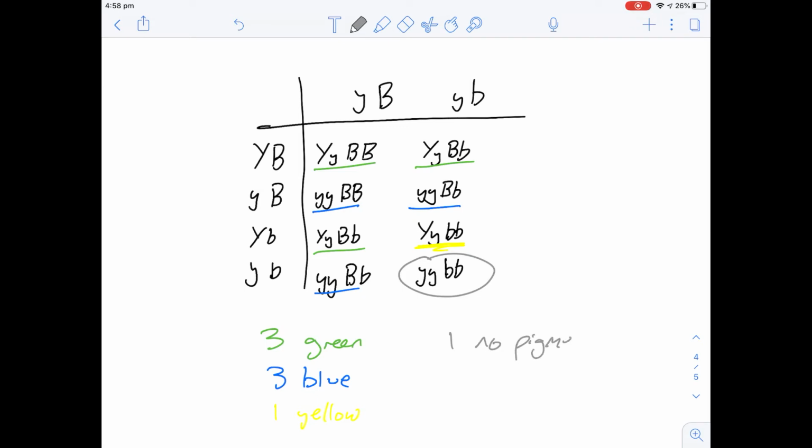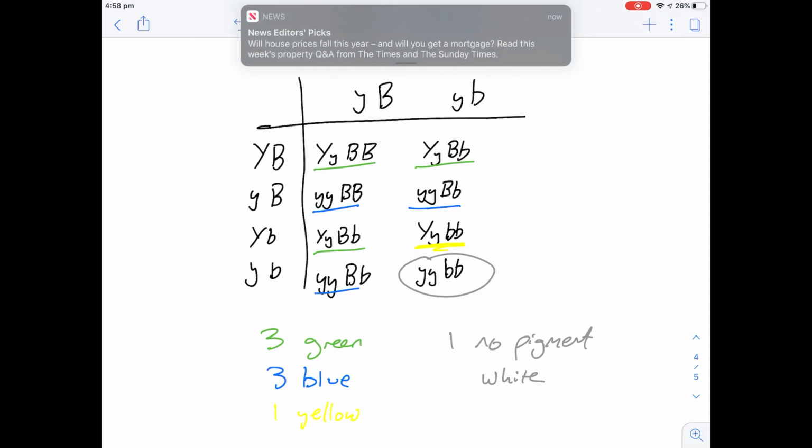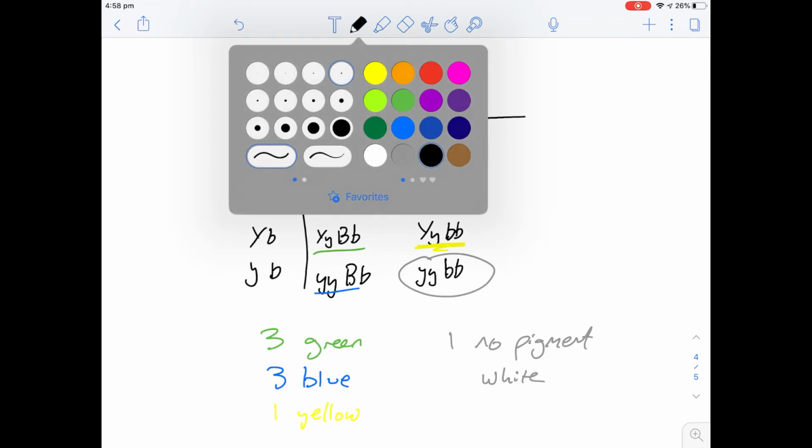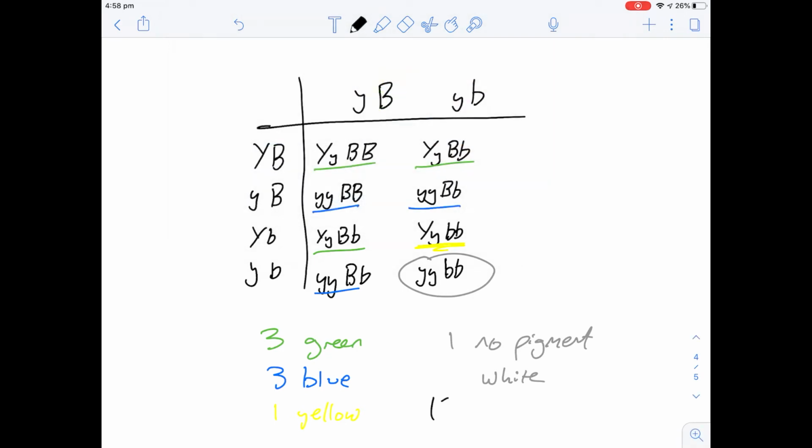So that's not really going to be included in our ratio. Or we could say that this one is white, looking at the question now. So that gives us a 3:3:1:1 ratio, and that's going to correspond to answer C. So question 17 is going to be C.